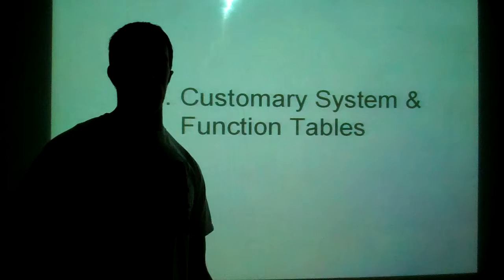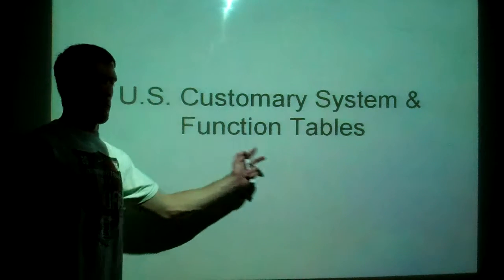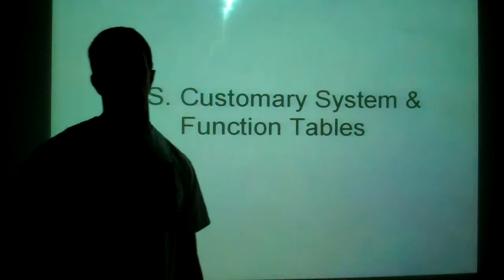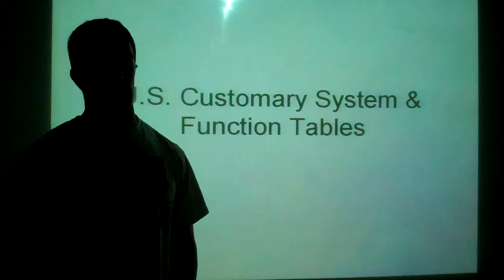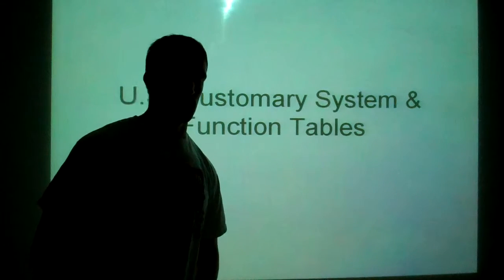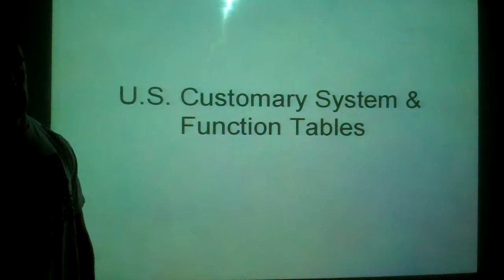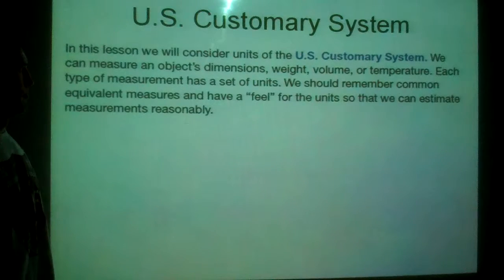This should have already been learned. We're just going to hit those points again. And then function tables, something that has been seen before, basically a way to map inputs to outputs, the very beginnings of some algebraic processes. We'll get into that just a little bit at the end.